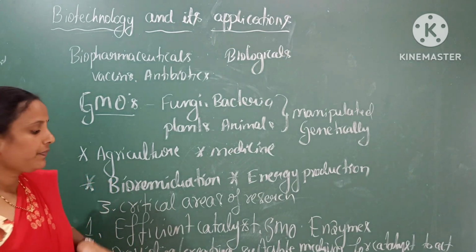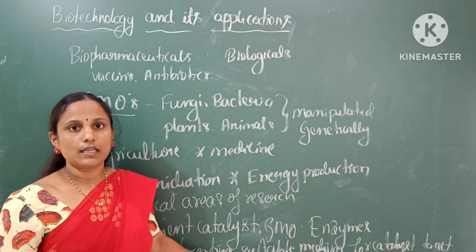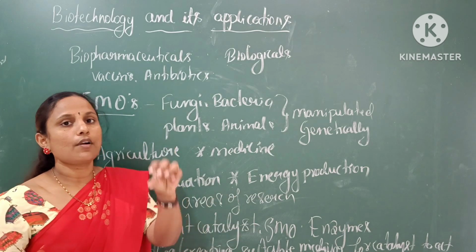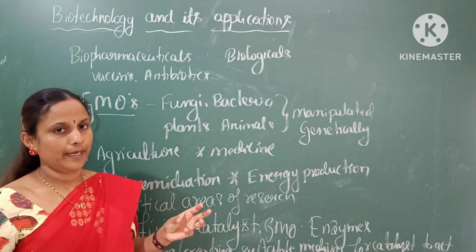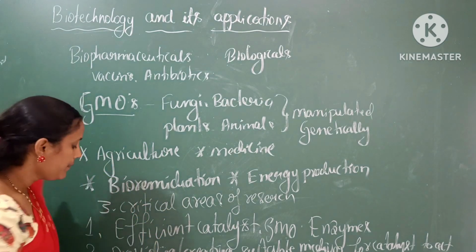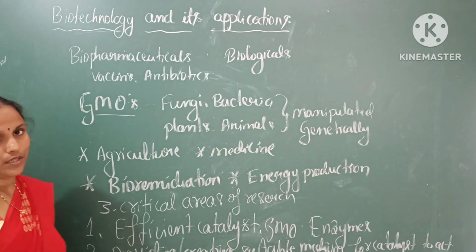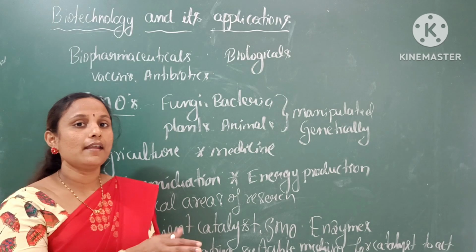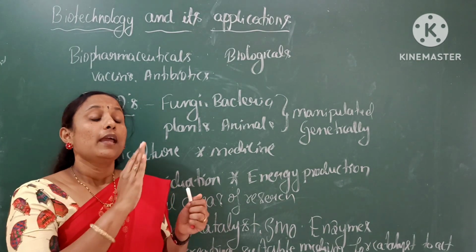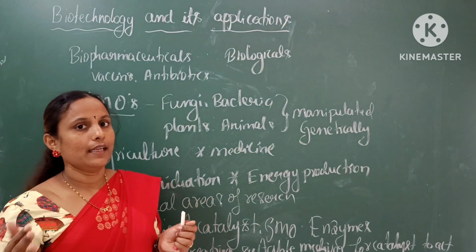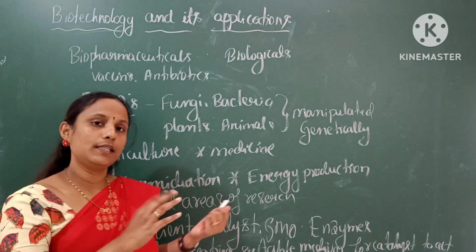And the third one, after producing the product in a medium, that product has to be separated from the medium, and that is called the downstream processing. So we have to create an efficient downstream processing which can efficiently purify the product out of the medium.